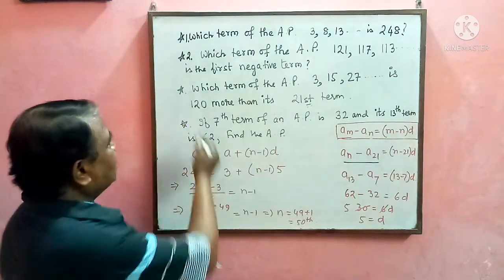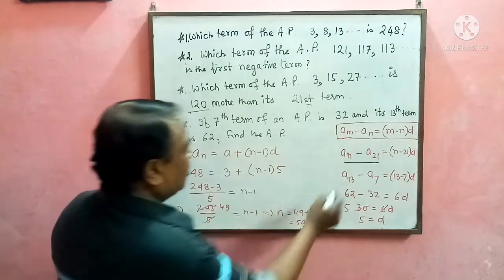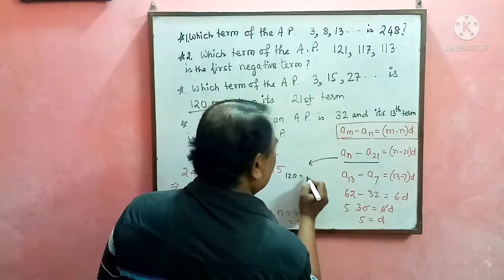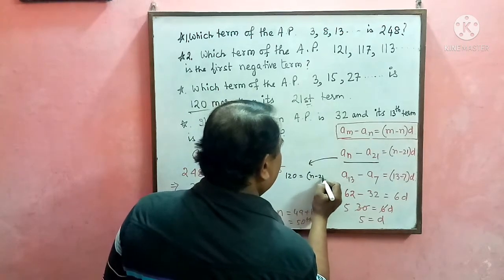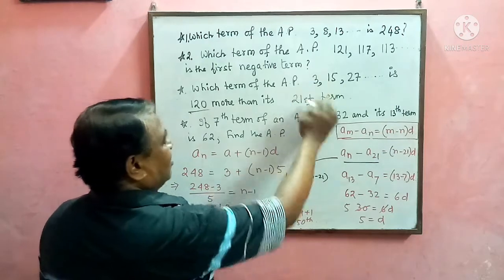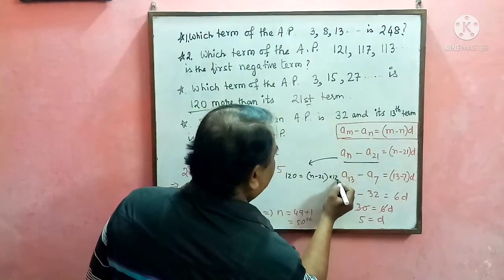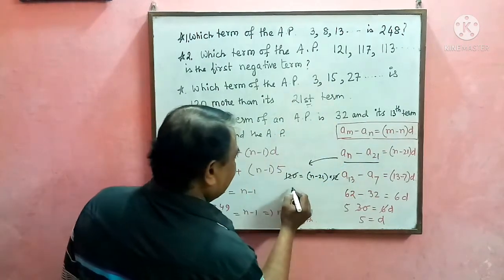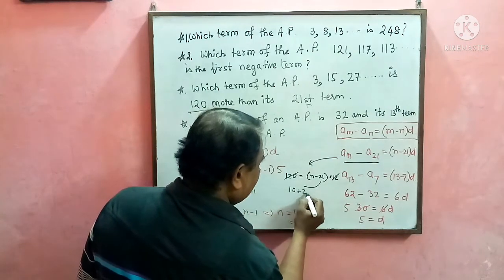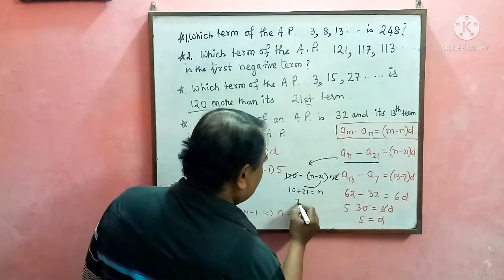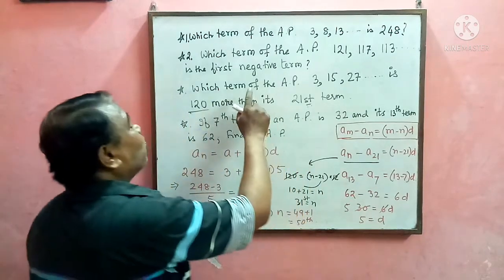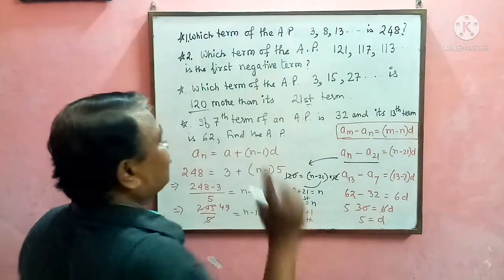This is 120. Now you put 120 here, equal to (n minus 21), and d is already known to us here, 12. So you put 12 for d. If you divide it, this is 10, and you take 21 this side, plus 21 is equal to n. So the 31st term is 120 more than its 21st term of this AP.